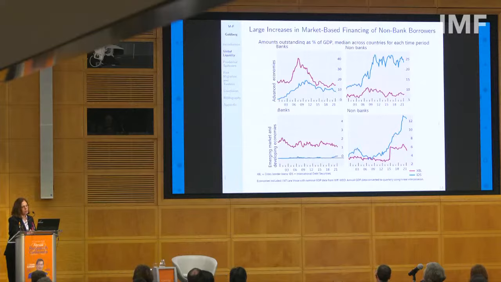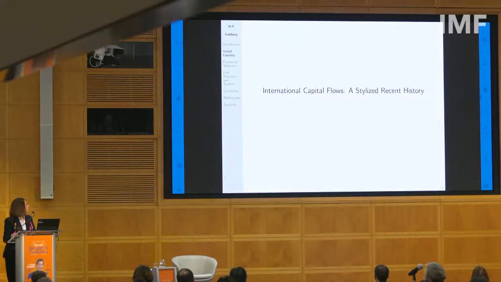Now let's go back to the big picture and back to Maury Obstfeld, as he so often places lessons in the context of international financial history. In 2005, Maury and Alan Taylor published their book on global capital markets. Many of you will recall their stylized visualization of history from the mid-1800s to 2000.